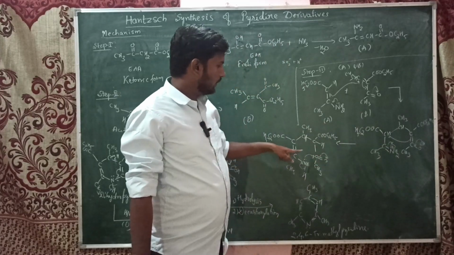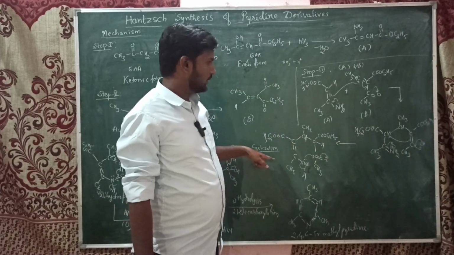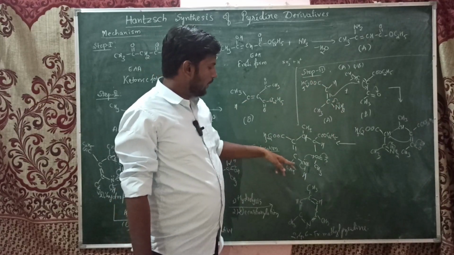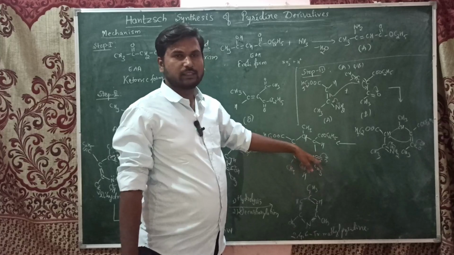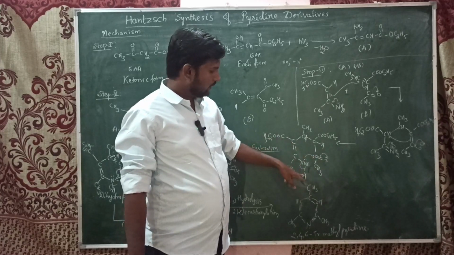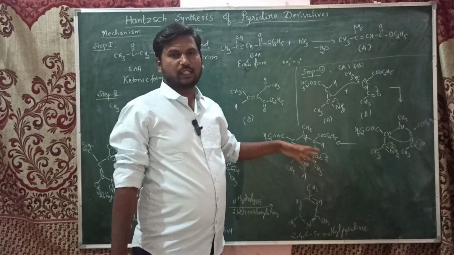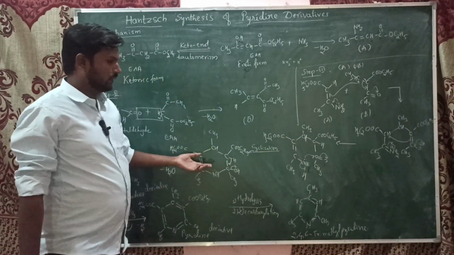So further the cyclization has to take place, because two compounds have to get cyclized. Here this hydrogen gives an electron, and cyclization takes place. This hydrogen is shifted from nitrogen to oxygen, that is internal proton transfer. So this we get.